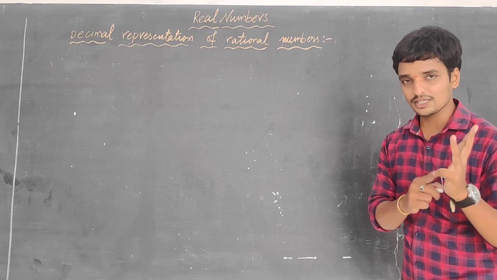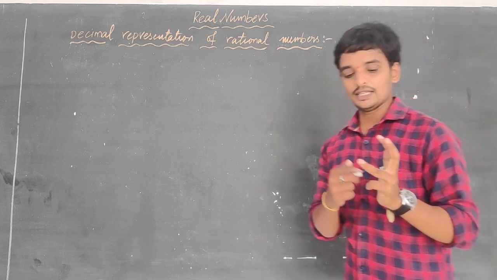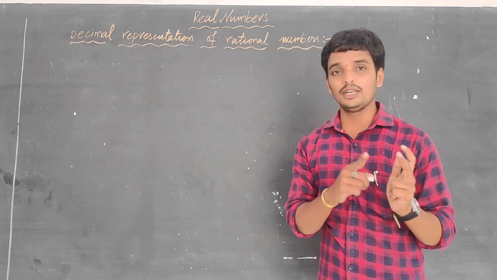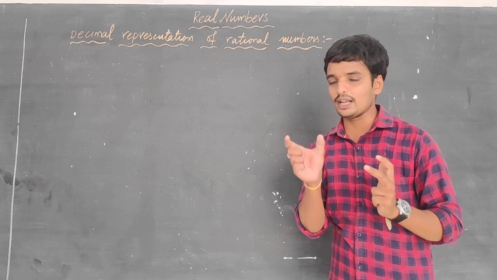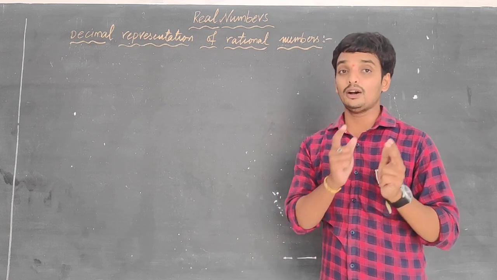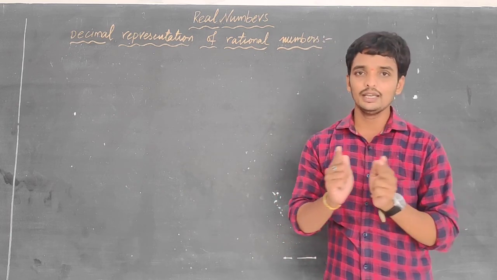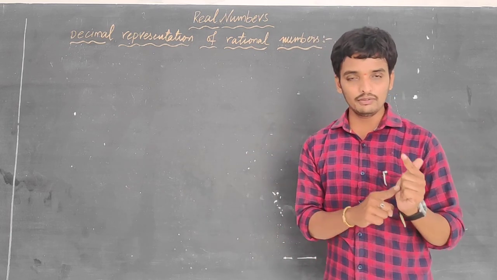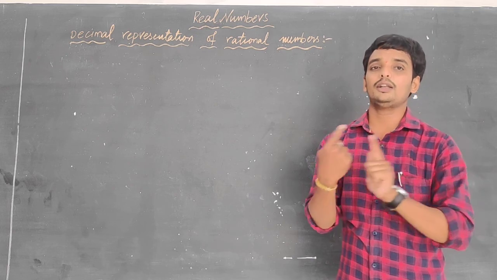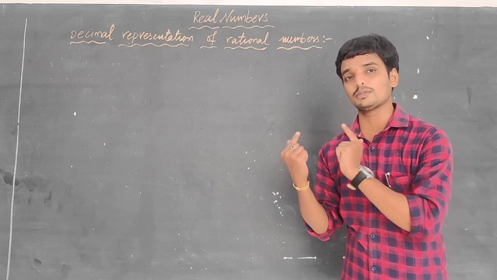What are that? Once remind. First one is terminating decimals, and the second one is non-terminating recurring decimal. The word recurring means repeating. Non-terminating repeating decimals are non-terminating recurring decimals. And the third one is non-terminating non-repeating decimals or non-recurring decimals.